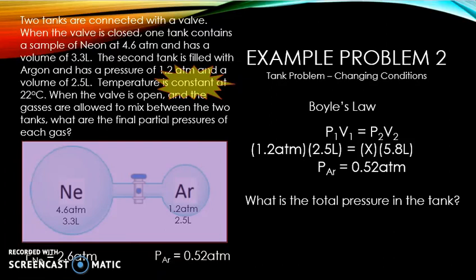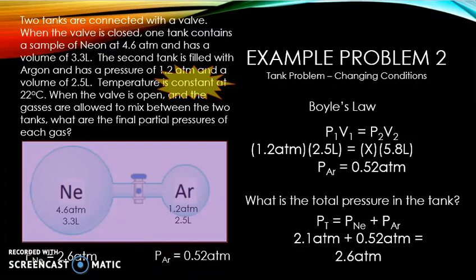We'll apply Dalton's law. The total pressure has to equal the pressure of the neon plus the pressure of the argon, which luckily we've already calculated. So now it's a super simple plug and chug problem where we add up the two partial pressures to equal our total pressure of 2.6 atm.